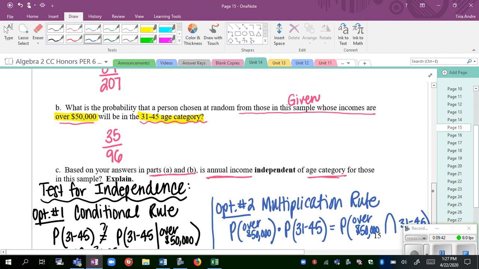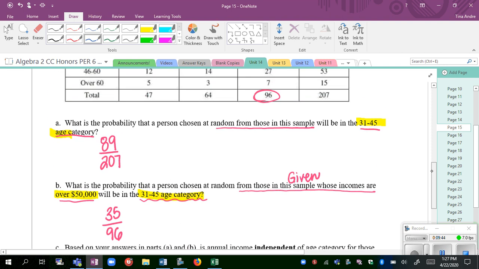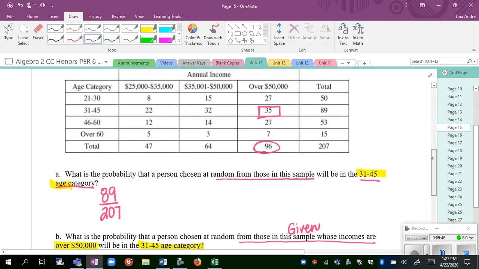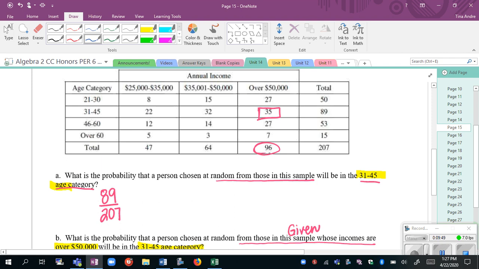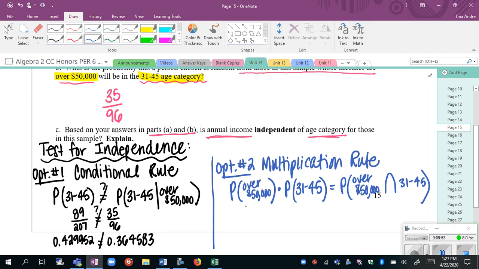The probability of over 50,000 isn't already given to us, so it's 96 over 207. The probability of being 31 to 45 we have over here, so that's 89 over 207.